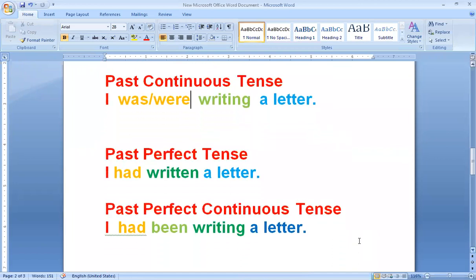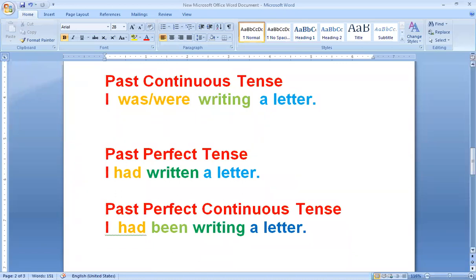Then next is past perfect continuous tense. When an action was going on in the past time and it continued till a particular time, to express such actions we use past perfect continuous tense.